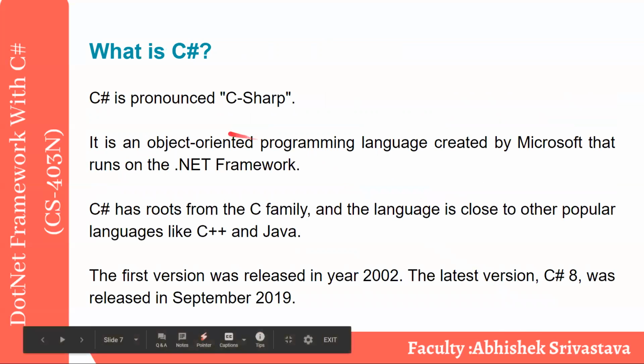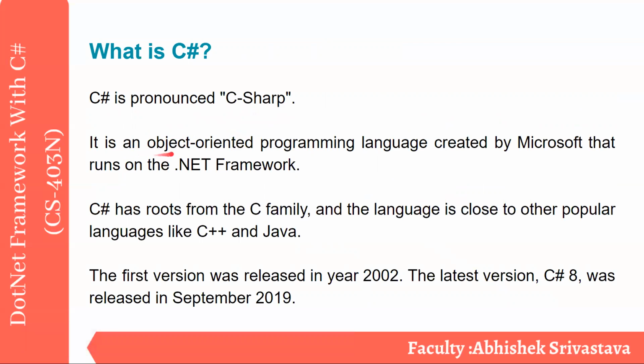So what exactly is C Sharp? C hash is pronounced C Sharp. It is an object-oriented programming language created by Microsoft that runs on the .NET framework. C Sharp has roots in the C family, and the language is close to other programming languages like C++ and Java.